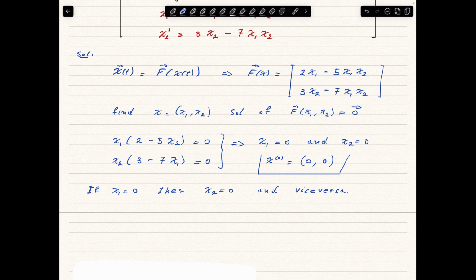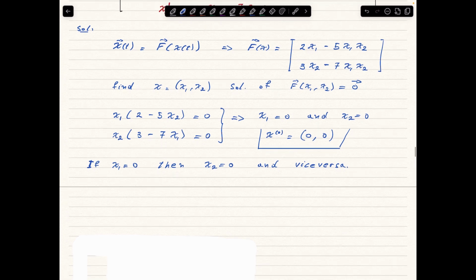So the only other possibility is when both are different from 0. If x1 is different from 0 and x2 is different from 0, then these two factors have to be 0. So we have two equations. The first equation is 2 minus 5 x2 equals 0, and the other equation is 3 minus 7 x1 equals 0.